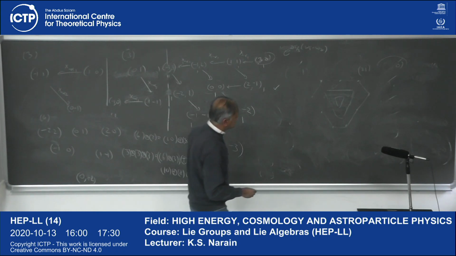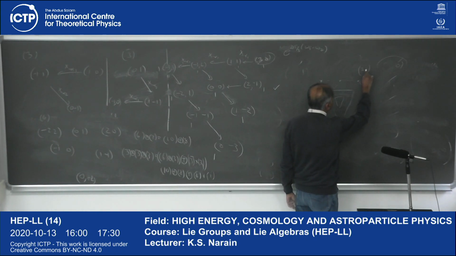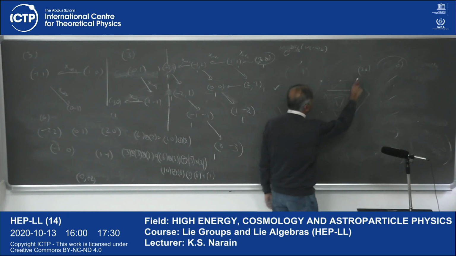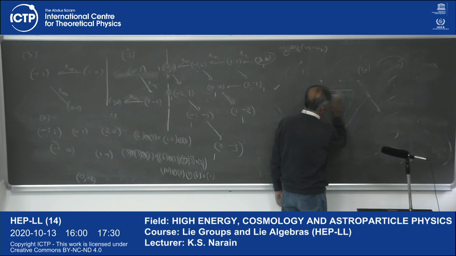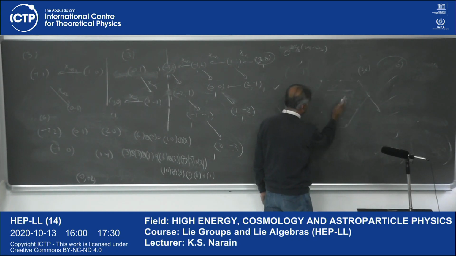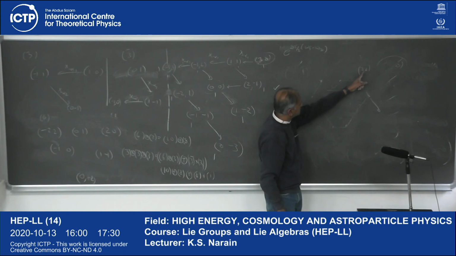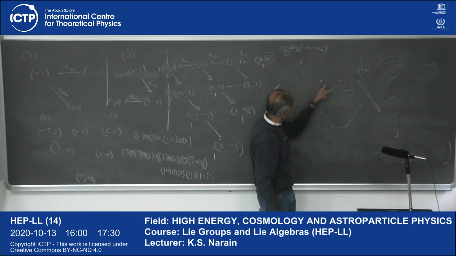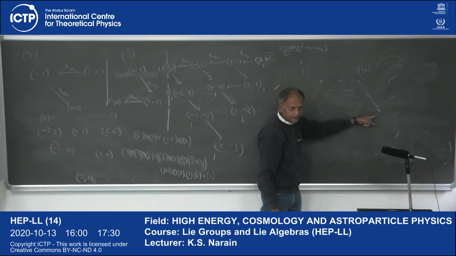One example I would suggest is to look at the 2, 2 example. I'll tell you what the diagram will be. Already from here, you see this is spin 1 with respect to the first SU(2) and the second SU(2). So there will be 3 states here, 3 states here.